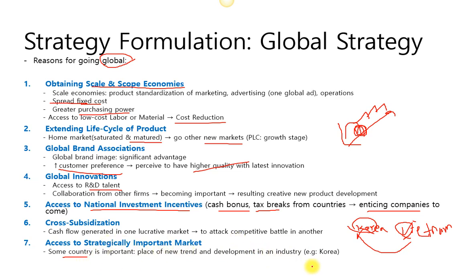Not because the sales are very high in Korea, but because Korea is very trendy. So with the trendy and viral marketing of Korea, where do they attack? They attack China, because China has a much bigger market size, right? So that's why strategically Korea is an important market for all these Italian high-end brands.